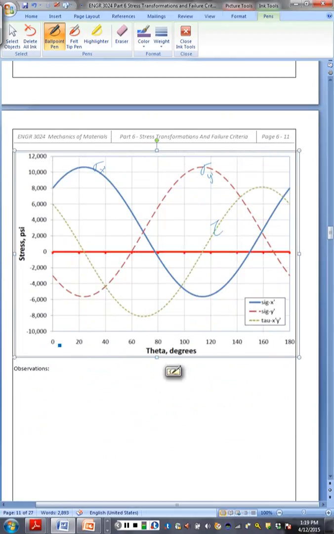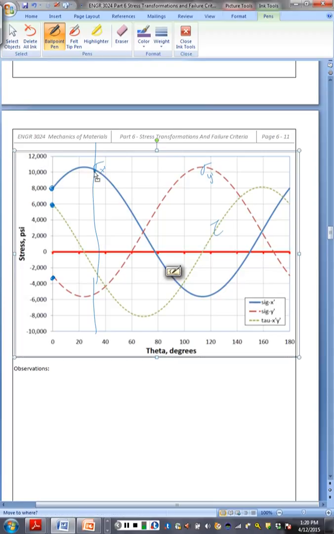At theta equals 0, we have our original stress state of sigma x 8,000, a positive 6,000 shear and a minus 3,000 sigma y. That's our original stress state. We then rotated by 30 degrees.